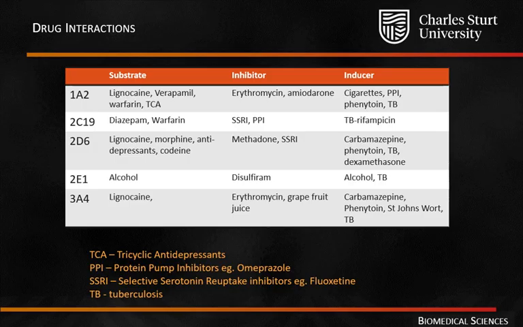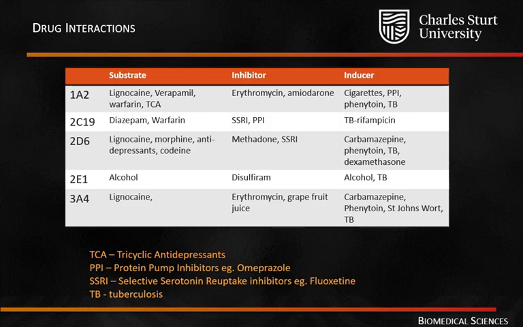Now, the first column is just a set of examples of drug substrates that are metabolized and biotransformed by that cytochrome enzyme. The second column is a set of drugs that act as inhibitors. And so if someone is taking an inhibitor of that particular cytochrome, the substrates get metabolized at a much slower rate.